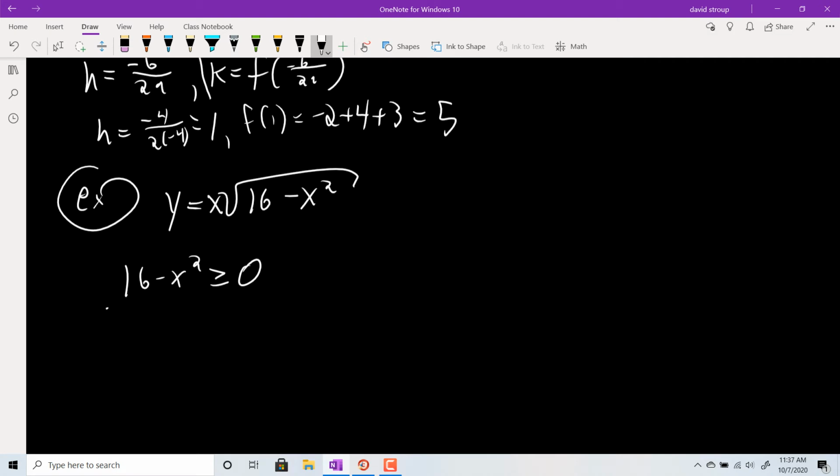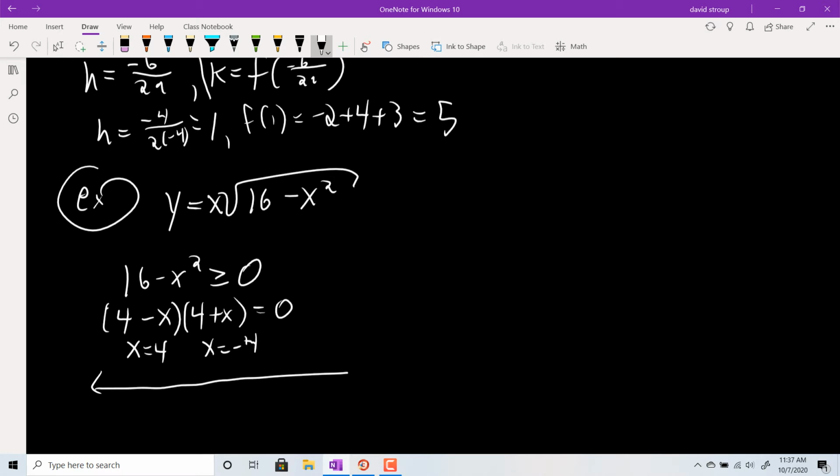And if you were to figure out the interval for its domain, you could factor this. Then x is 4 and x is negative 4. And then we need to find where that quadratic is greater than 0, so you can do this analysis.